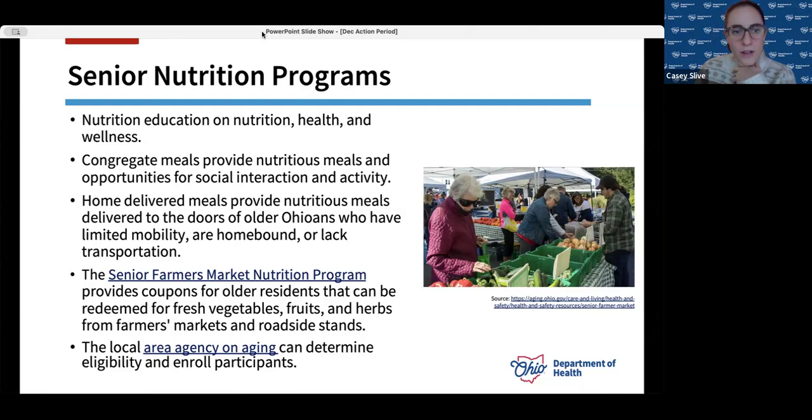Age of eligibility information is on the local area agency on aging website. If we have time at the end, I can see if I can pull that up. Just looking here to see.